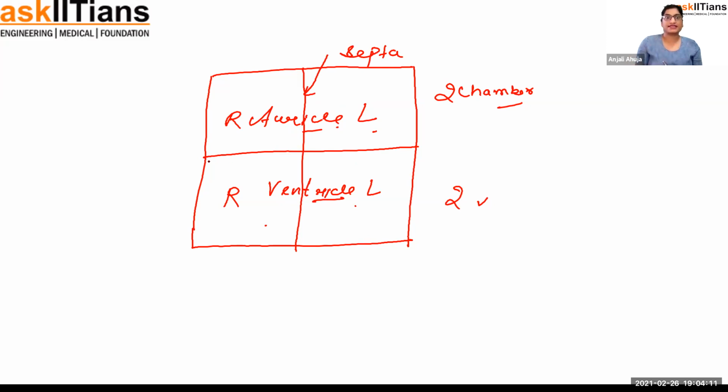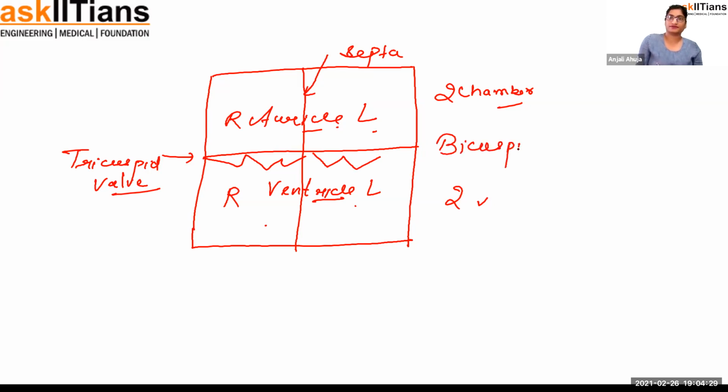The septa between the right auricle and right ventricle is known as the tricuspid valve. This is also a septa, but we have named it. The one between the left auricle and left ventricle is known as the bicuspid valve. A valve means something which is controlling the flow.